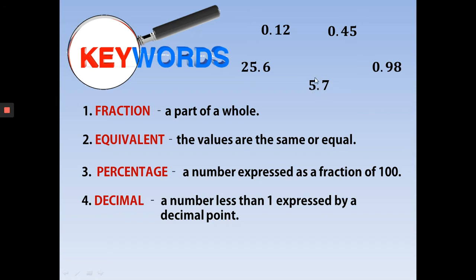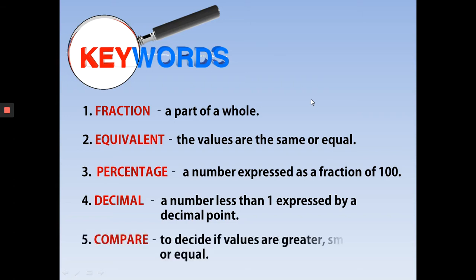Some decimal numbers have whole numbers, but the decimal part actually is just the number after the decimal point. But since it is connected with a whole number, this number is still called a decimal number, even if there is already a whole number in it. Okay, as long as there is a decimal point, then that is a decimal number.